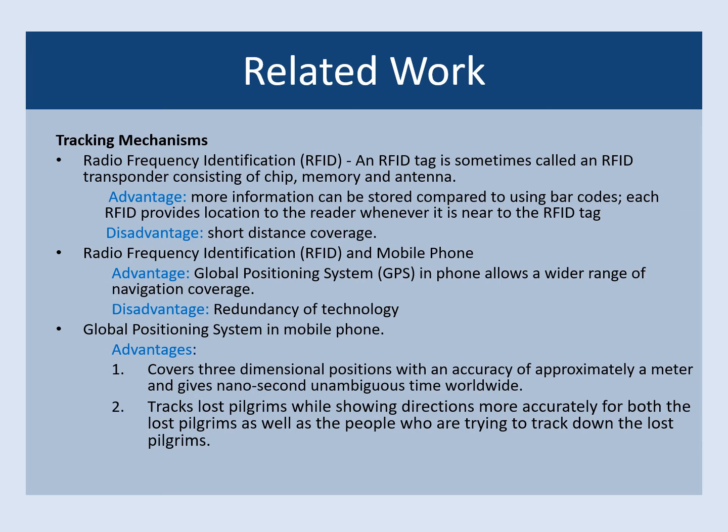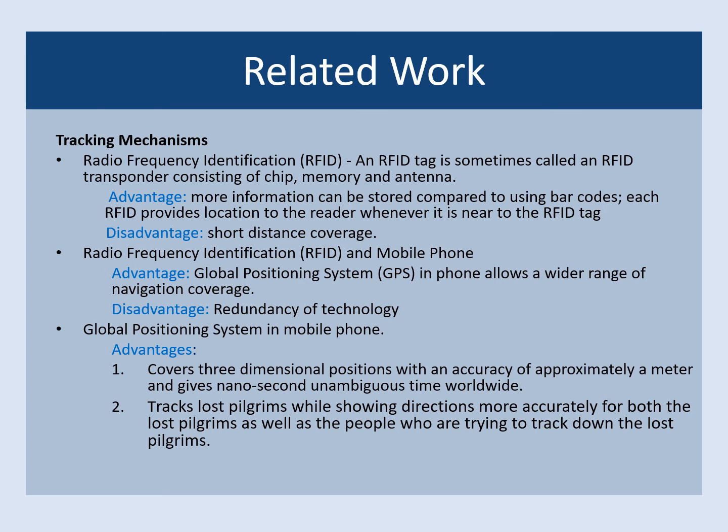The advantage of using such approach is that global positioning system in phone allows a wider range of navigation coverage that is lacking in the RFID. However, by using both RFID and mobile phone, it involves redundancy of technology.